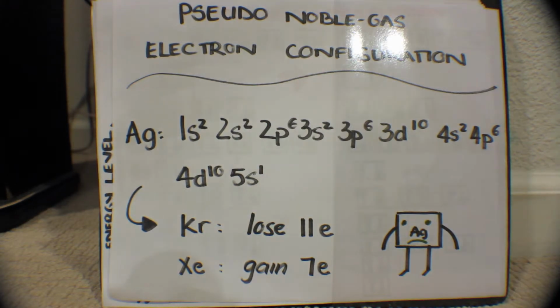To achieve the structure of krypton, which is the preceding noble gas, a silver atom would have to lose 11 electrons. To acquire the electron configuration of xenon, which is the following noble gas, silver would have to gain 7 electrons. Ions with a charge of 3 or greater are uncommon, and these possibilities are extremely unlikely. Thus, silver does not achieve a noble gas configuration.